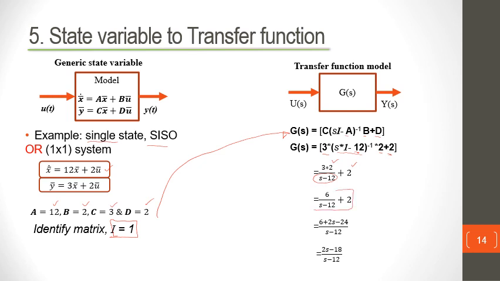This gives us 6 over s minus 12, plus 2.